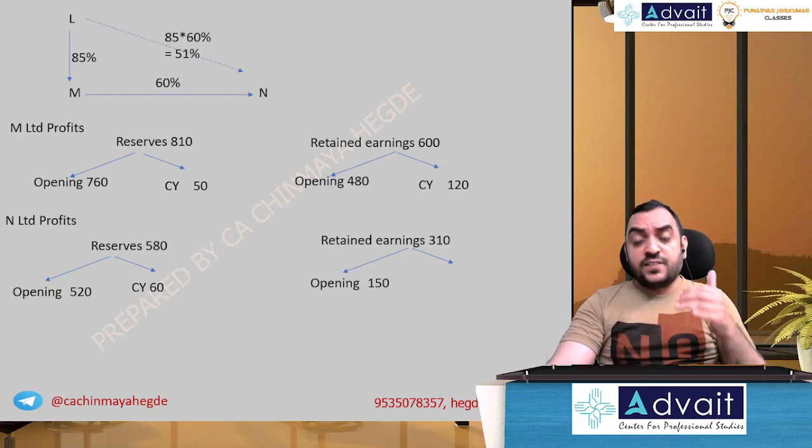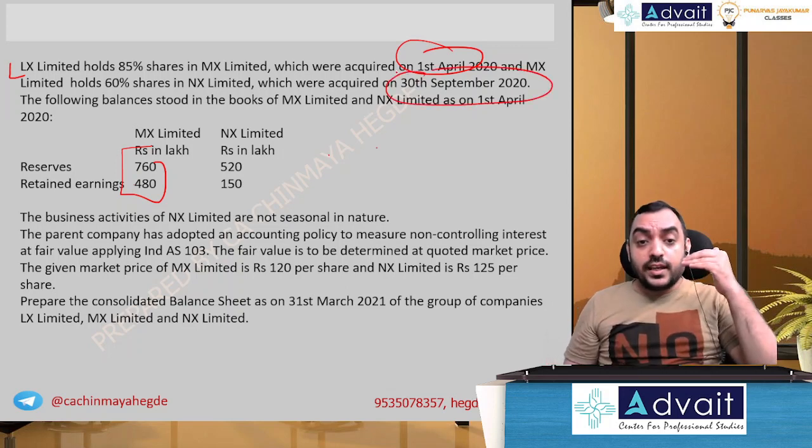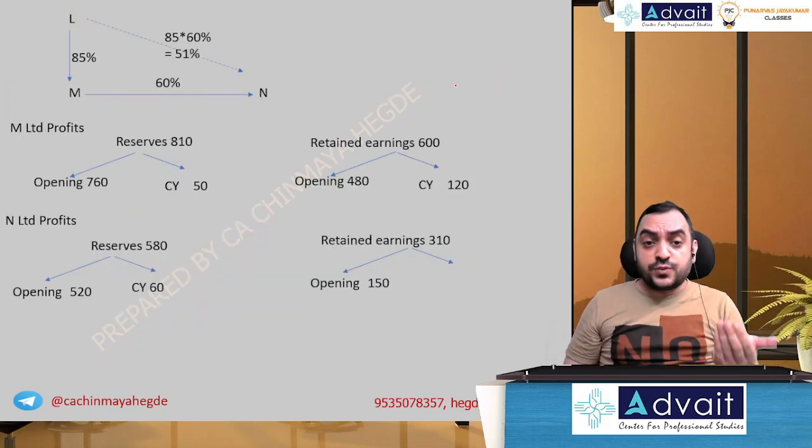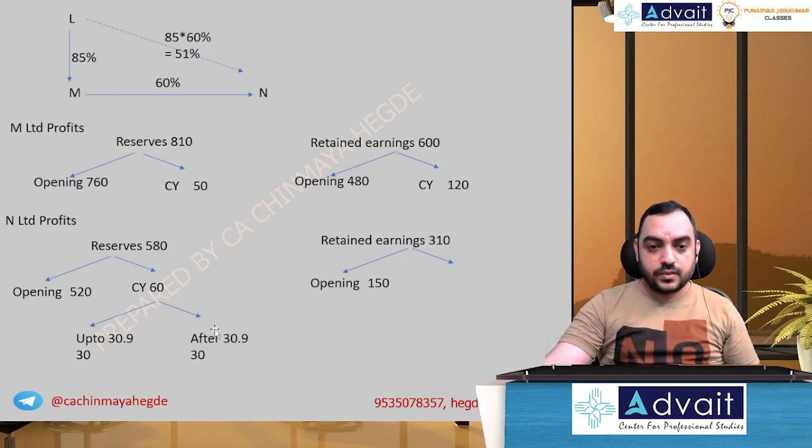Now this needs further division. Why? Because the acquisition took place on 30th of September. So in NX Limited, the shares were acquired on 30th of September. So this will be further divided into 6 months and 6 months. Up to 30th of September, 6 months: 30, and after 30th of September, the remaining half: 30. The same thing is applicable to retained earnings.